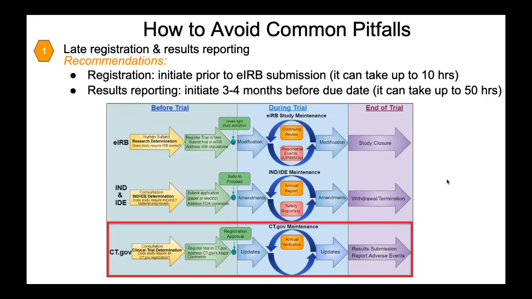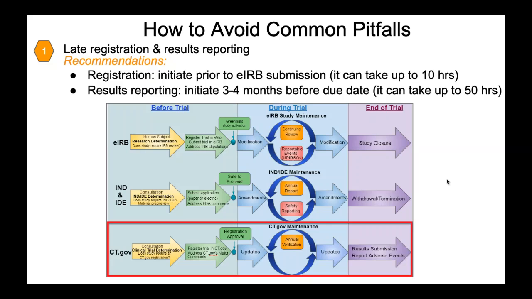This shows the eIRB study activities, sponsor-investigator IND and IDE related activities, and ct.gov reporting timeline from the perspective of the study team and investigator. Hopefully this helps you and your PI understand the timing of ct.gov reporting responsibilities.